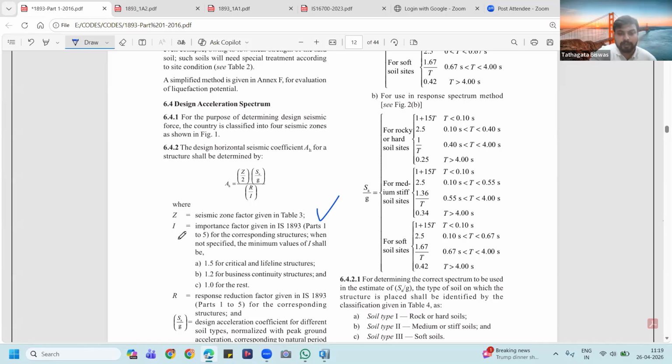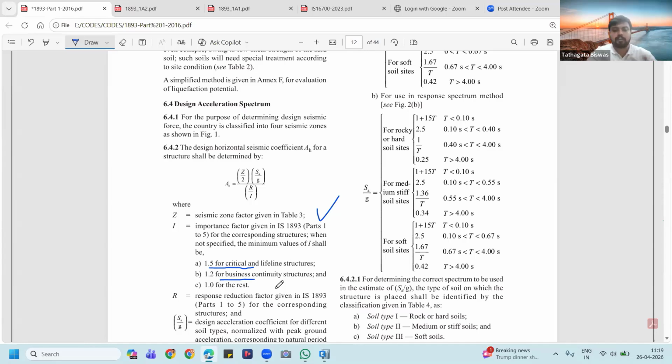Coming to the next parameter, which is I, the importance factor. As you can see over here, it is 1.5 for critical and lifeline structures, and 1.2 for business continuity structures, where the occupancy of the building is more than 200 people, right?